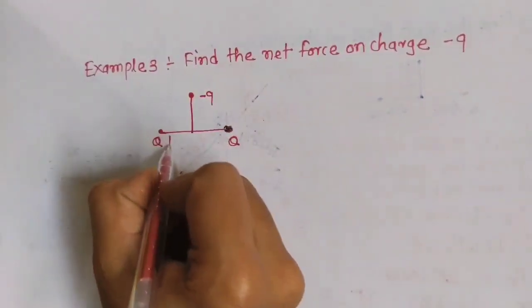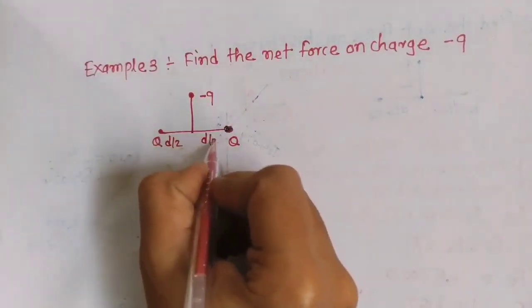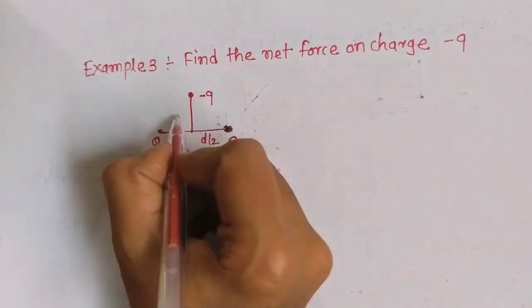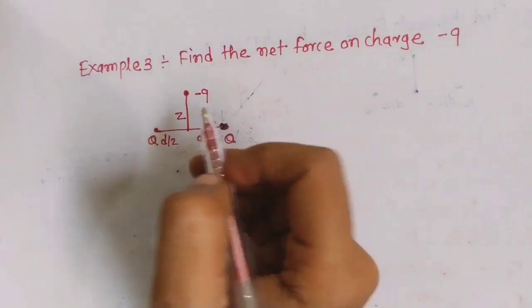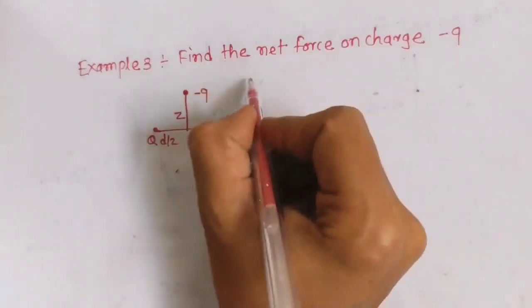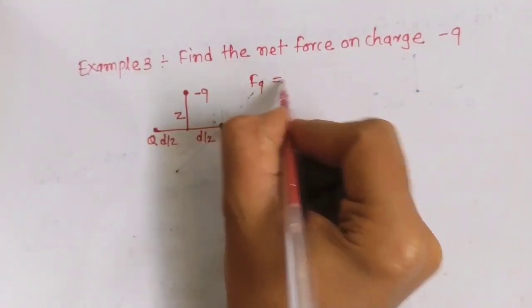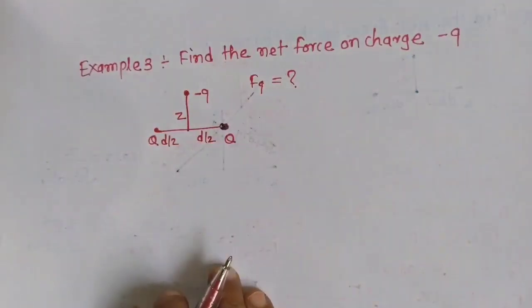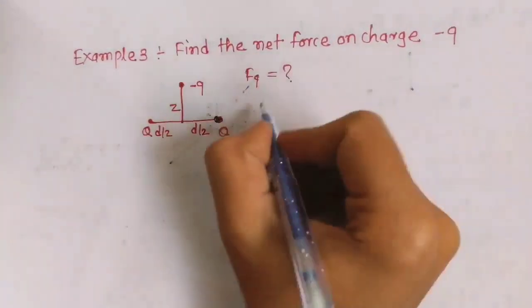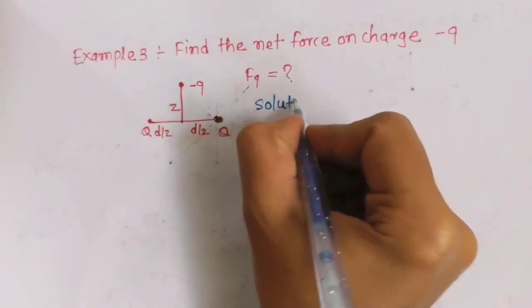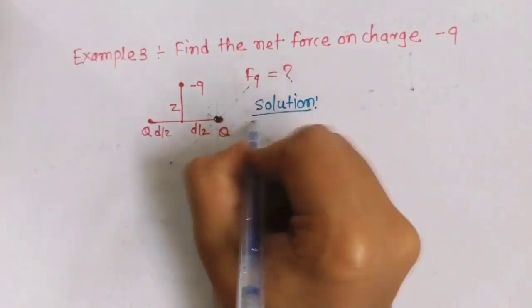Due to this, we have to find the force on minus Q. The distance between Q and the center is d by 2, and the distance between the other Q and the center is d by 2, and the distance between minus Q charge and the center is z. We have to find the force on the charge minus Q due to the other two charges.